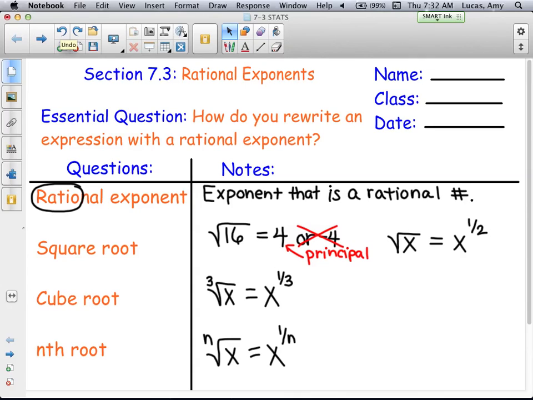So square root of x is x to the 1/2 power, the cube root of x is x to the 1/3 power, and then any other value of n, so that would be 4, 5, 6, 7, 8, and so on, any other positive value, you could write as a power x to the 1 over n power.